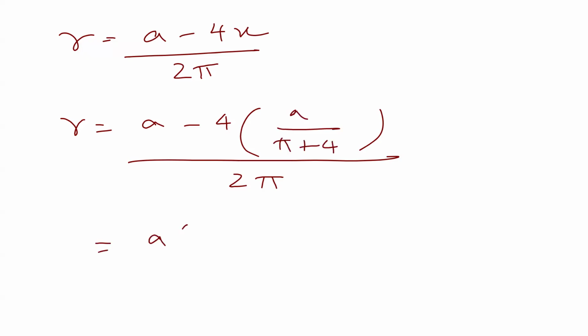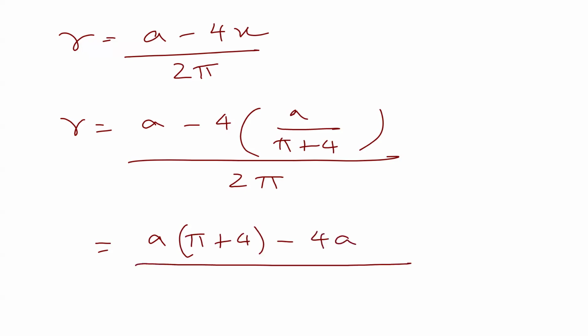So take LCM: (a into (pi plus 4) minus 4a) upon 2 (pi plus 4). After you take LCM, the green colored terms will be denominators, and in the numerator, 4a gone.